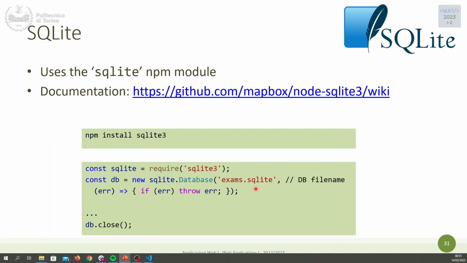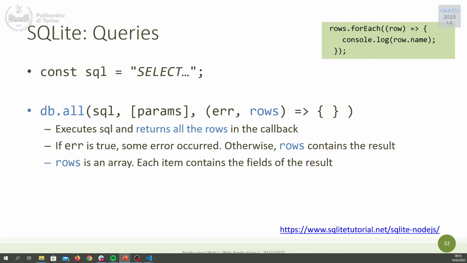Here you have a database which is called exams.sqlite, and as you can imagine, it's a database that manages exams. So here we have the instance using the method all. This method executes an SQL query that you give as a parameter, and then you will obtain an error in case there is something wrong, or all the rows in case everything is okay.